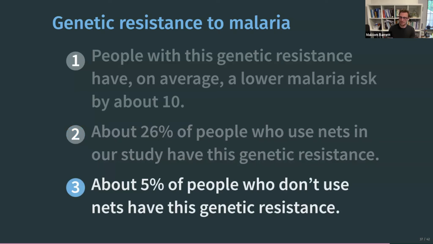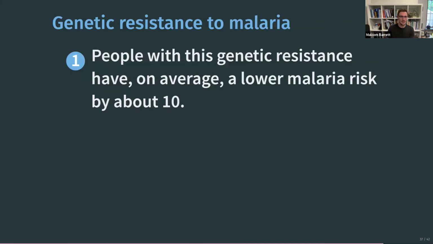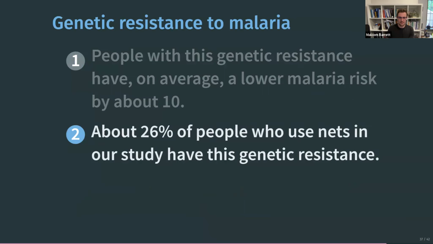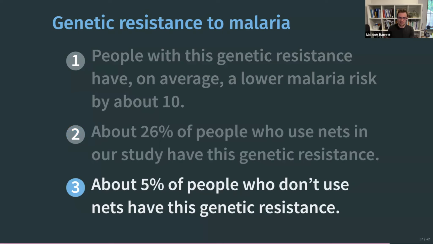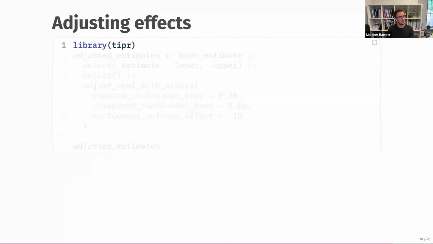Whereas people who don't use nets in our population have a genetic resistance in about 5% of those people. To say that again, this genetic resistance lowers risk of malaria by about 10, about 26% of people who use nets have it, and about 5% of people who don't use nets have it. So there's this relationship between both of those variables.